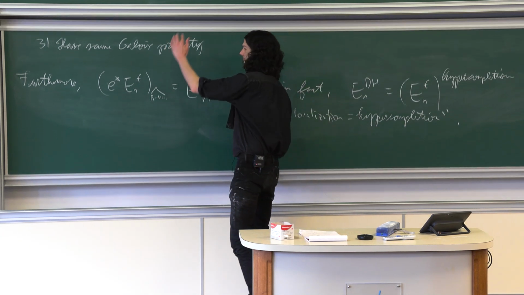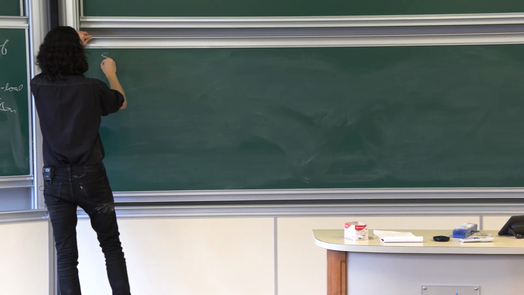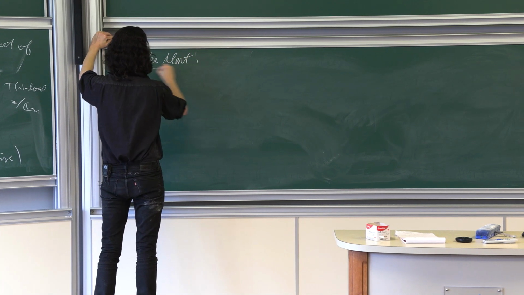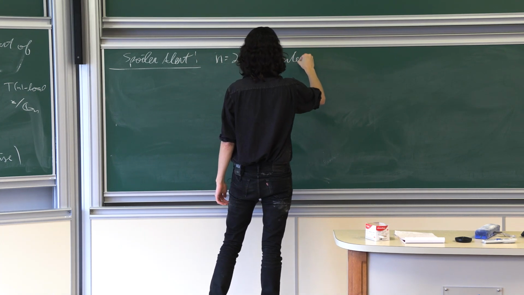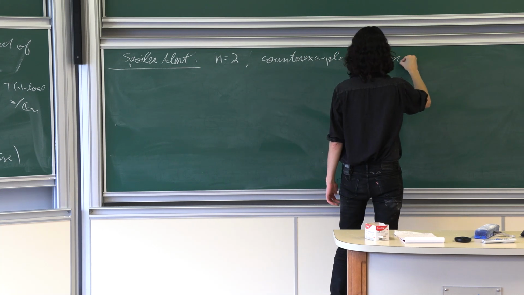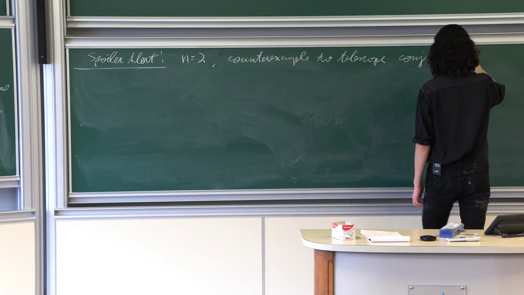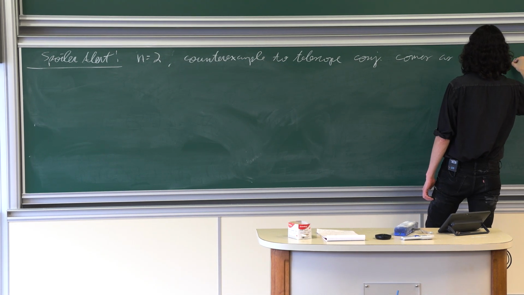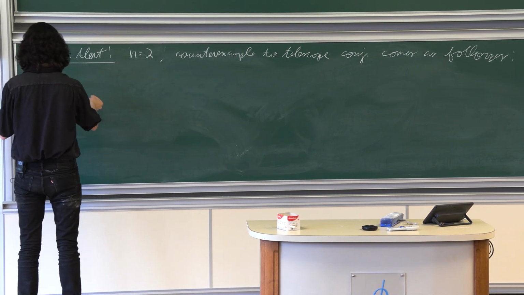And in fact, spoiler alert, when n equals 2, the counterexample to the telescope conjecture comes as follows. It comes by combining two facts.